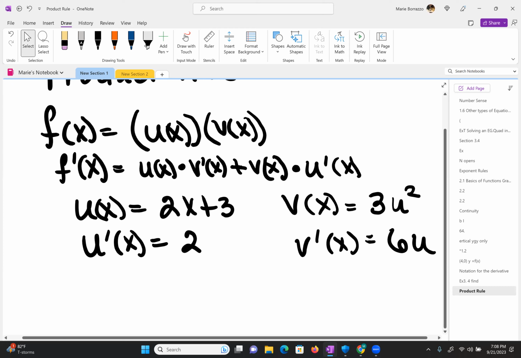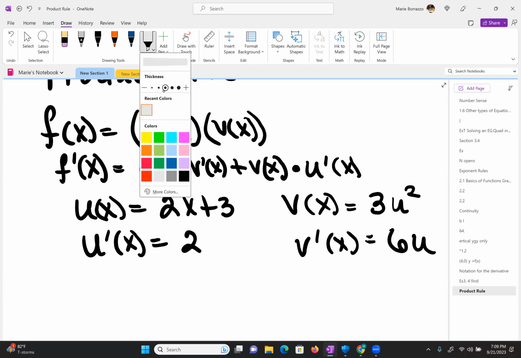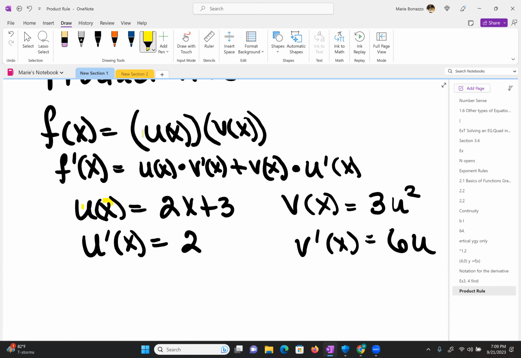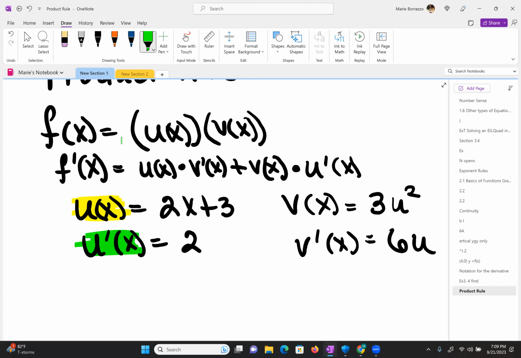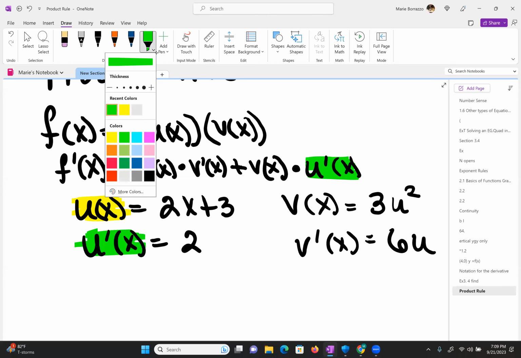And I can go as far as we can color code it if it helps you. I probably will. So if this is the original u of x and its derivative, let's do it in green. So the first derivative of u of x is over here, and its original function is right here.